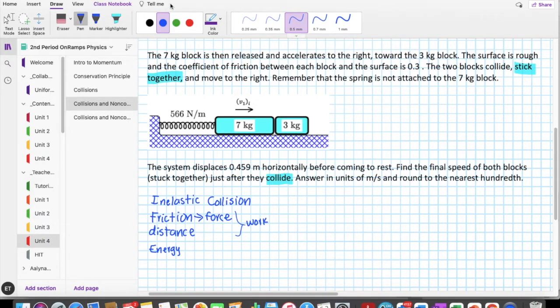And then it comes to rest. So it stops. That is, all the energy will be dissipated, and that is something we expect since we have non-conservative forces. Don't forget that we learned an equation for non-conservative forces. So let's write it down, non-conservative forces and energy.